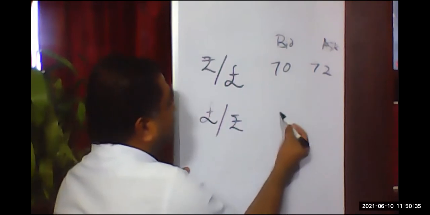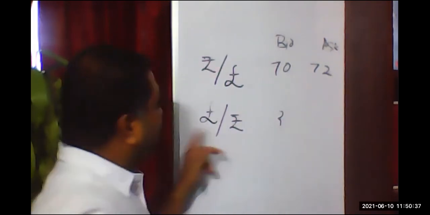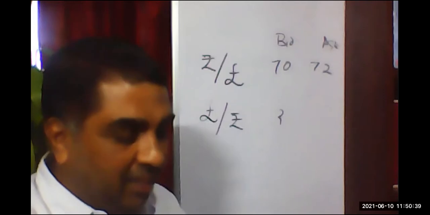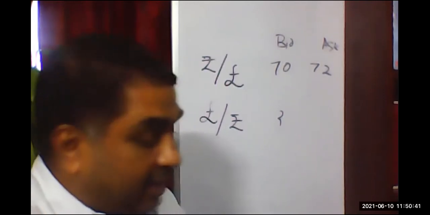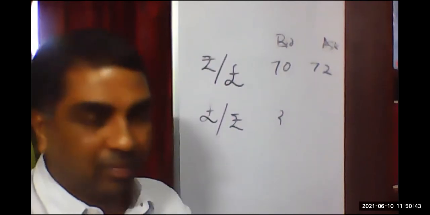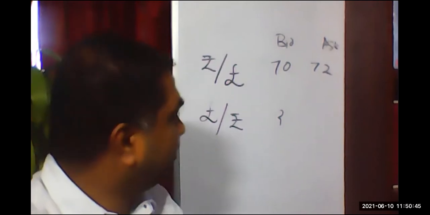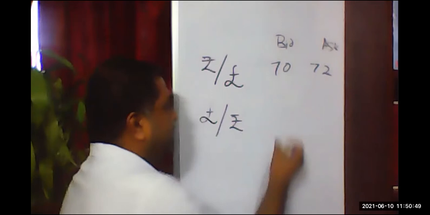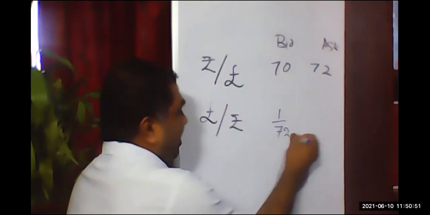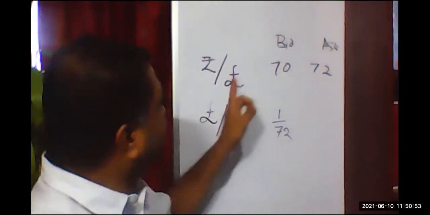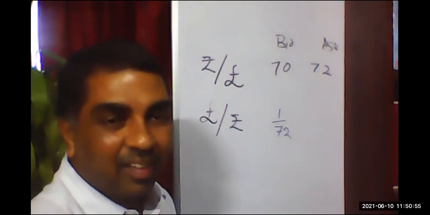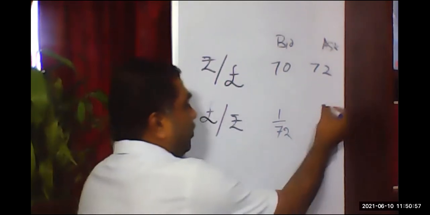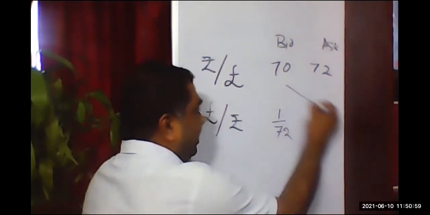Can you tell me what is this pound by rupee bid? Who can tell me how to calculate that? 1 by 72. Very good. This is 1 by 72. And pound by rupee ask is 1 by 70. Yes, you have to remember it.